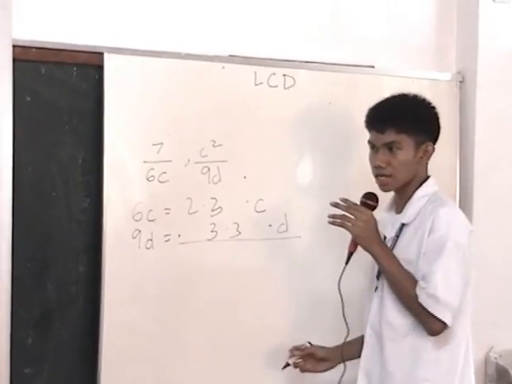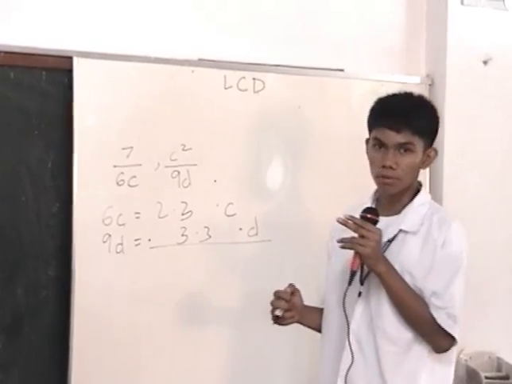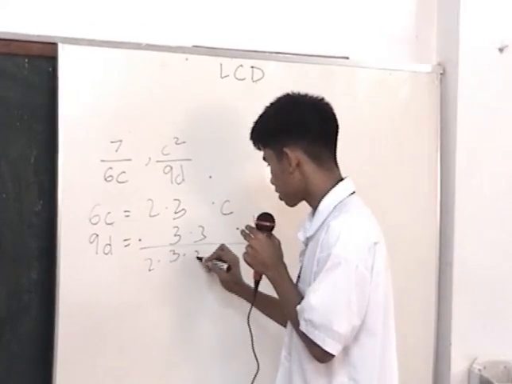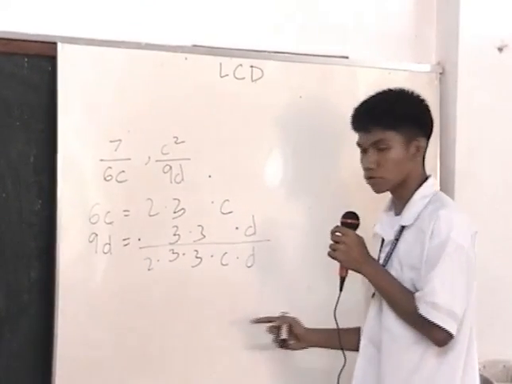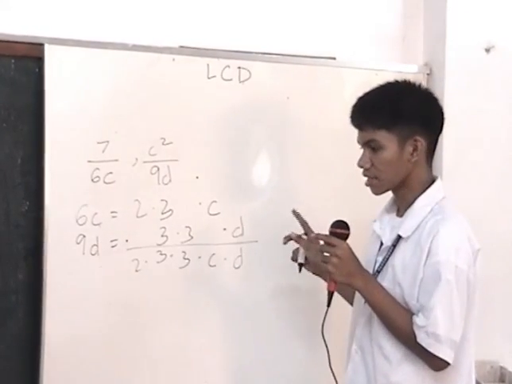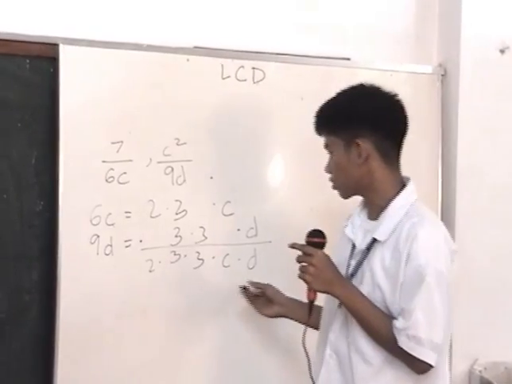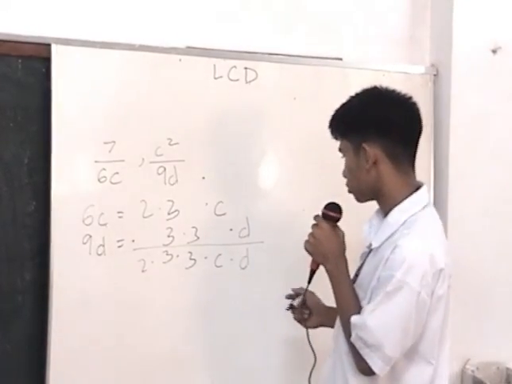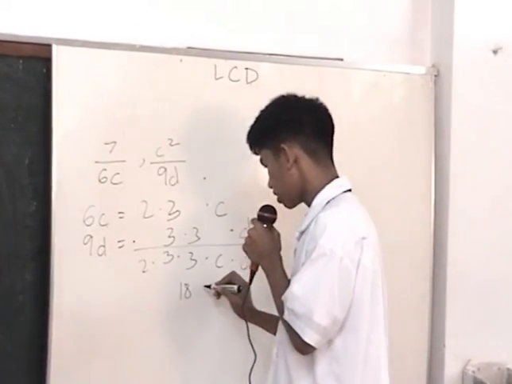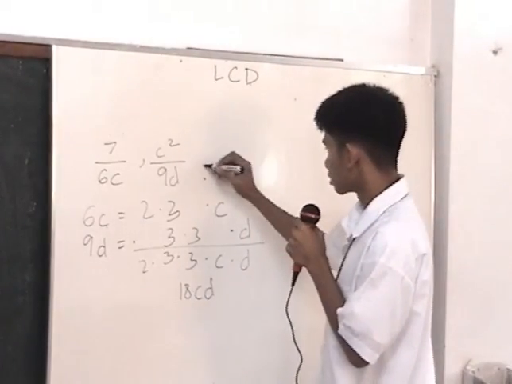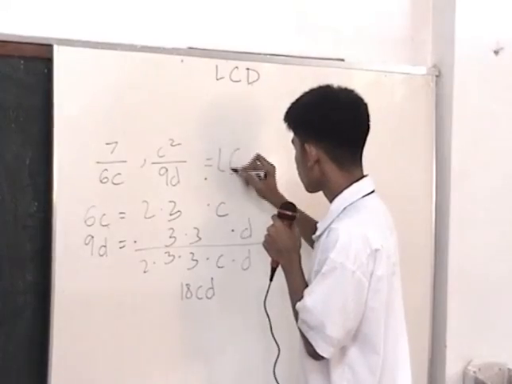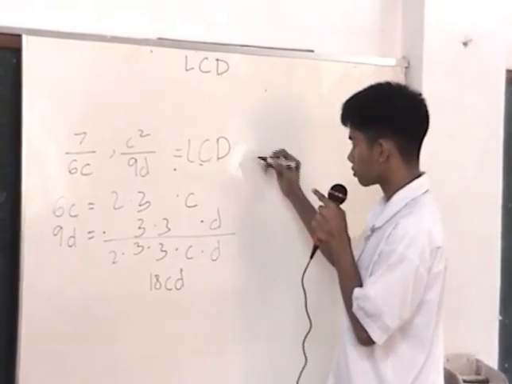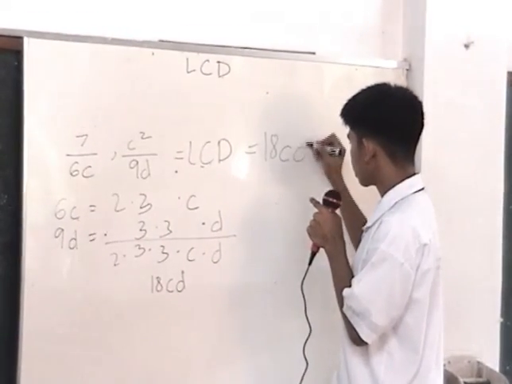We need to align the values because common values are equal to one factor. 2 times 3 times 3 times c times d. And multiply all the final factors. 2 times 3 times 3 times c times d is equal to 18CD. The LCD of 7 over 6c and c squared over 9d is equal to 18CD.